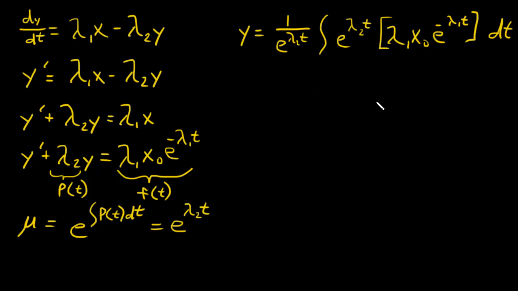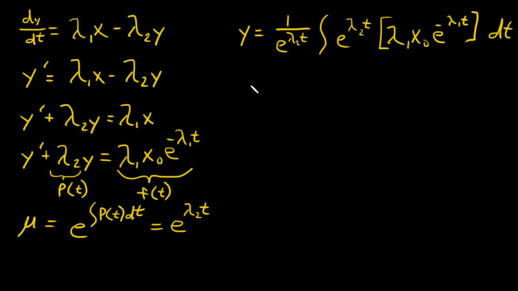Okay? So if I do that, the first thing I want to do is take everything out of the integral that I can. So anything that doesn't depend on t is fair game. So let's see, what can I take out? I can take out this lambda 1 and this x naught. Everything else is bound up with t, so I can't do much with it. So I'm going to move those over.